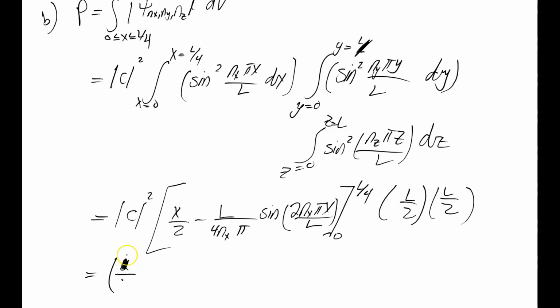When we plug L over 4 in there, minus L over 4 n_x pi times the sine of, when we put L over 4 over here, we're going to get n_x pi over 2.